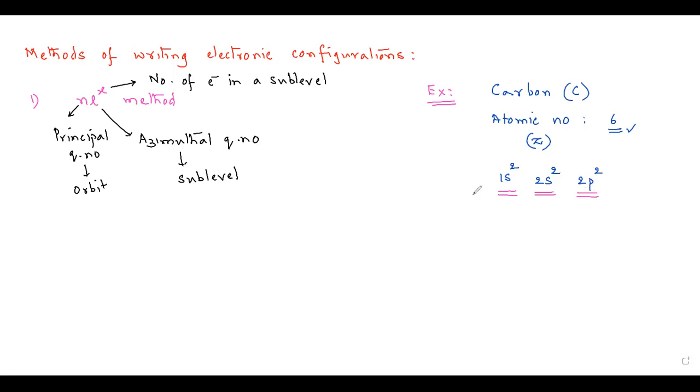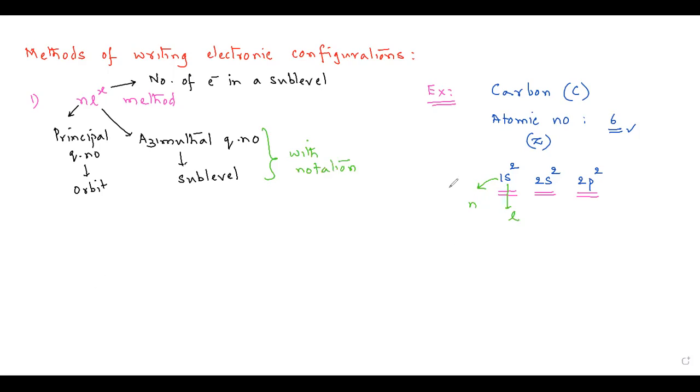Right? So look at the things here. This refers to n, and this refers to the azimuthal quantum number. Of course, here in this case, we will be using the notation, not the number.